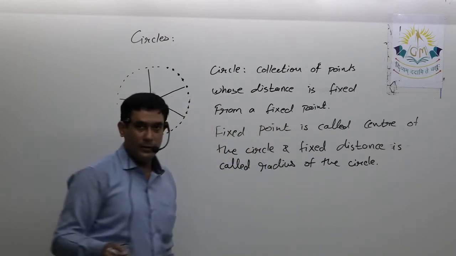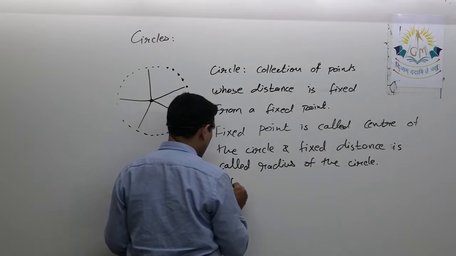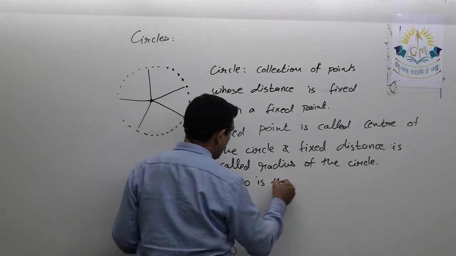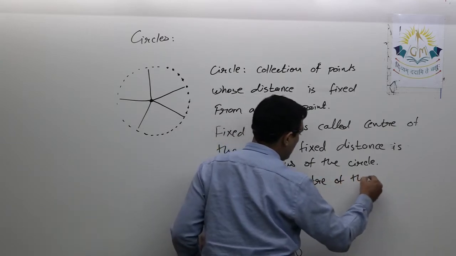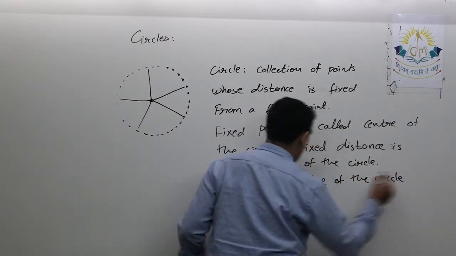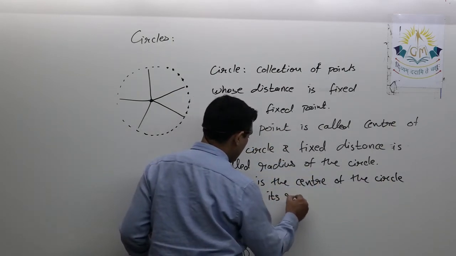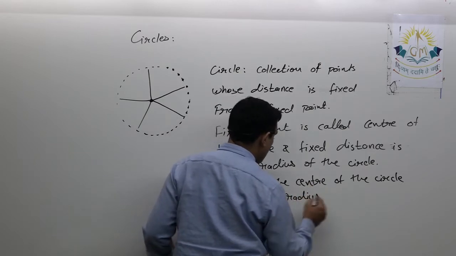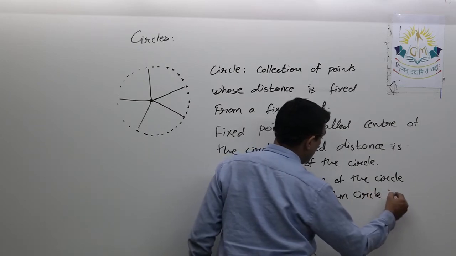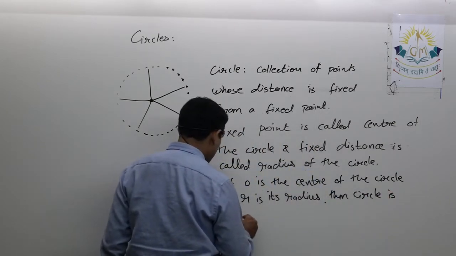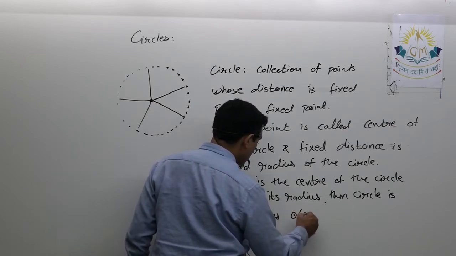Okay, if O is the center of the circle and R is its radius, then the circle may be denoted as (O, R).